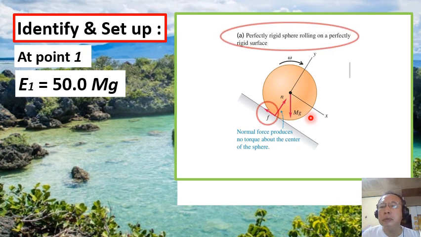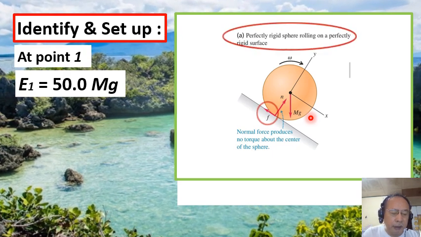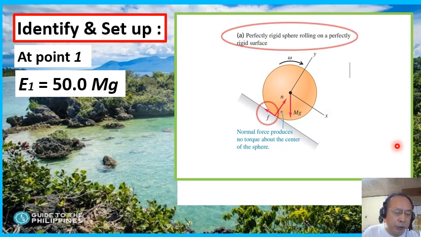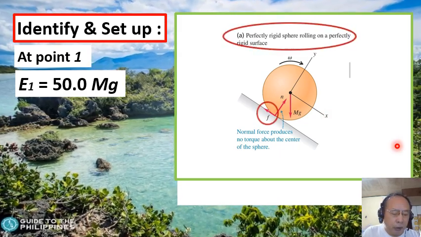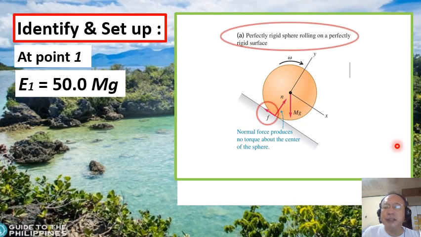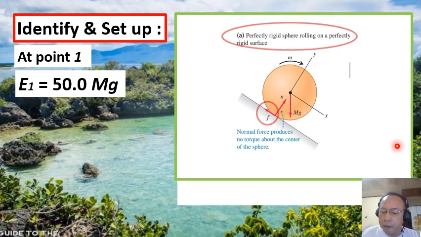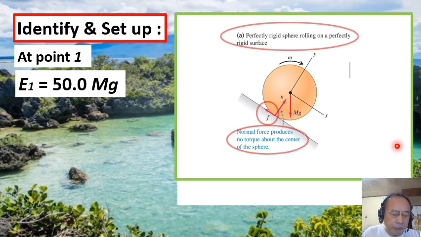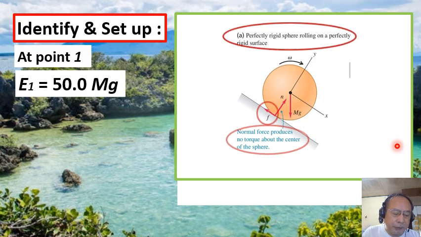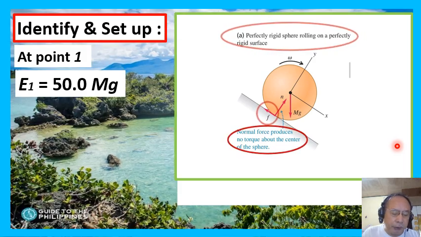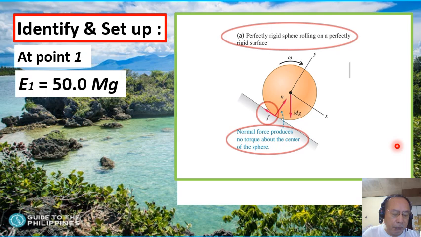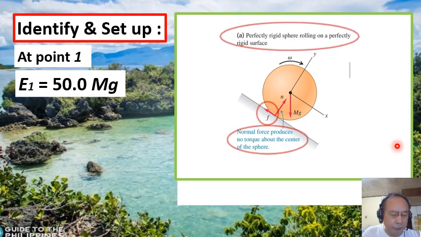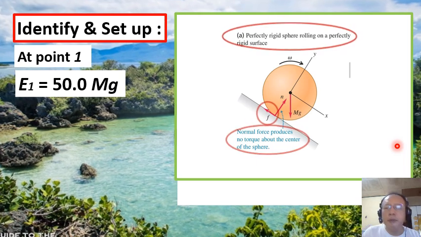Take note also that the boulder is assumed to be a perfectly rigid and uniform sphere on a perfectly rigid surface. Moreover, a rigid sphere, such as the boulder, rolls without slipping because the normal force produces no torque about the center of the sphere.